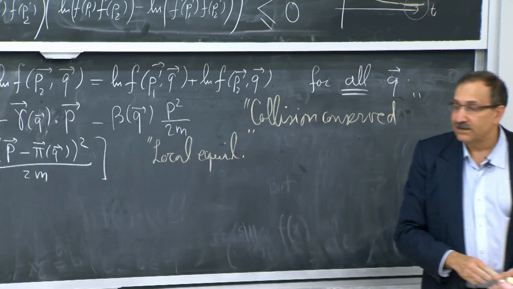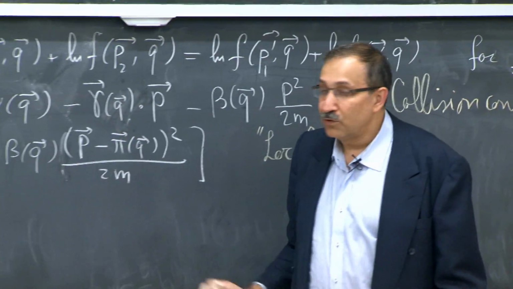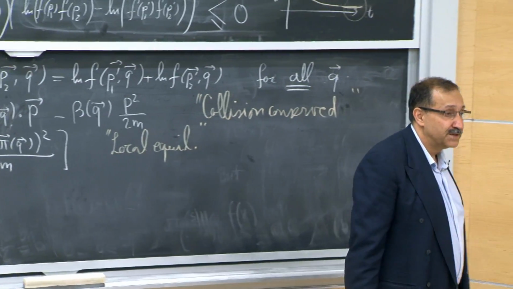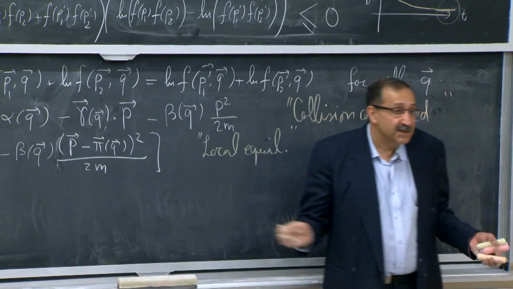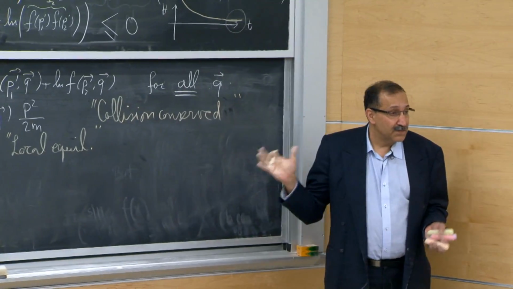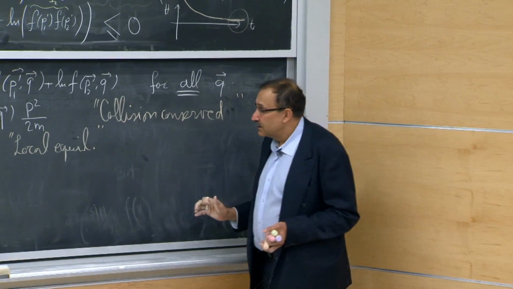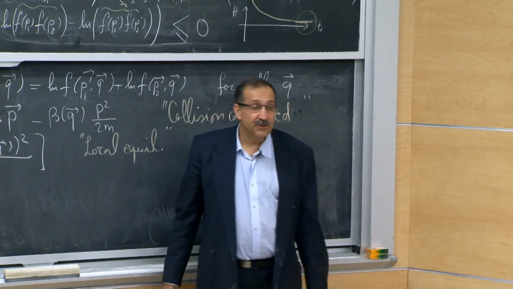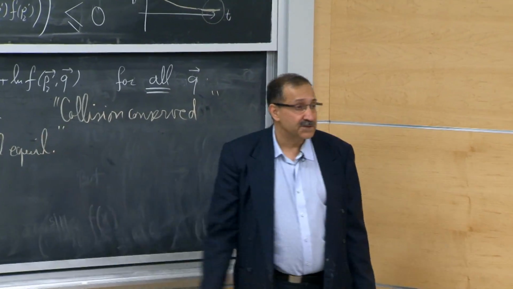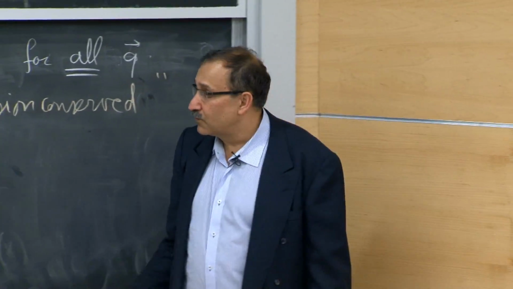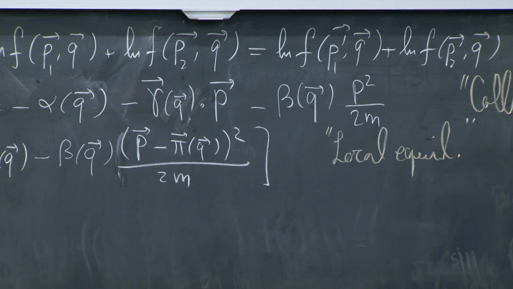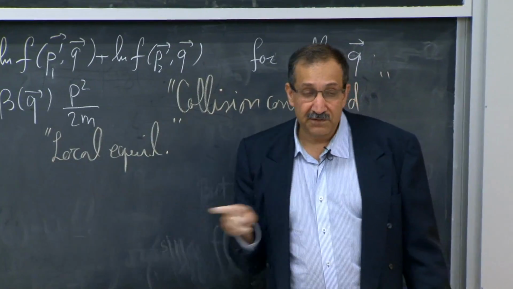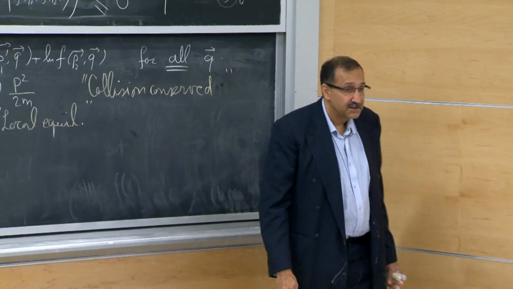What do I mean by that? Essentially, you can see that right now I have no knowledge about the relationship between different points in space, because these alpha, beta, and pi are completely arbitrary as far as my argumentation so far is concerned. So locally, at each point in q, I can have a form such as this. And this form, you should remember, is something like a Boltzmann weight of the kinetic energy, but moving in some particular direction.